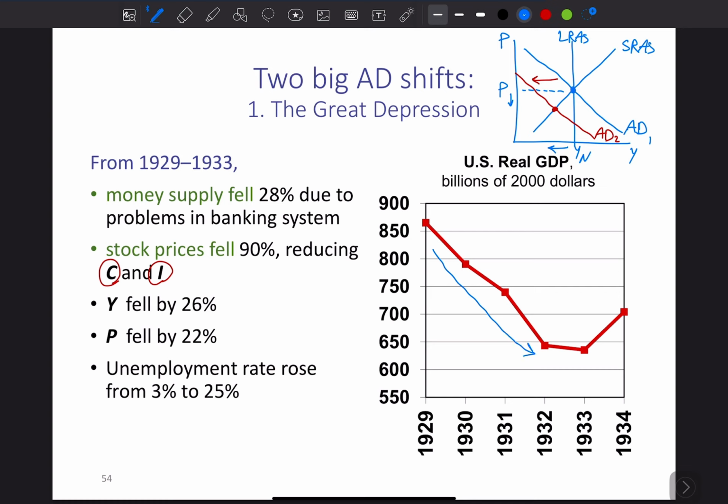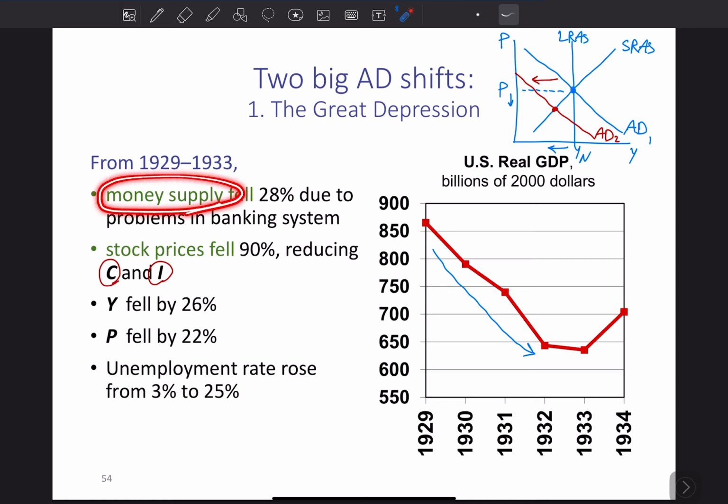In the few years after the Great Depression, we see that both the level of the prices and the output have been decreasing. So you see this supply and demand model that we are using is helping us to predict and understand the real world economy, the real world events as well.